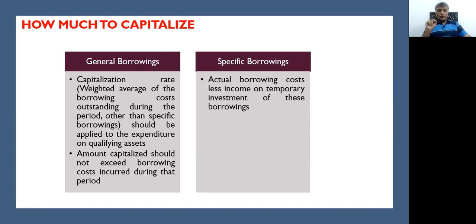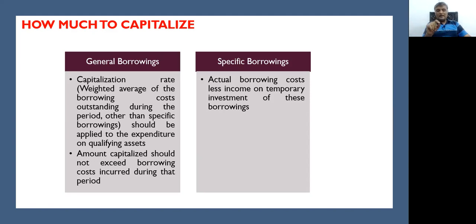So you should ensure that whatever rate you are applying, the interest component of the capitalization should not exceed the actual borrowing cost, right? For example, if the interest on 3 loans is, let's take it is 50,000 rupees, you cannot apply a capitalization rate and arrive at a number of let's say 55,000 as borrowing cost, because the actual interest cost which you pay is only 50,000.